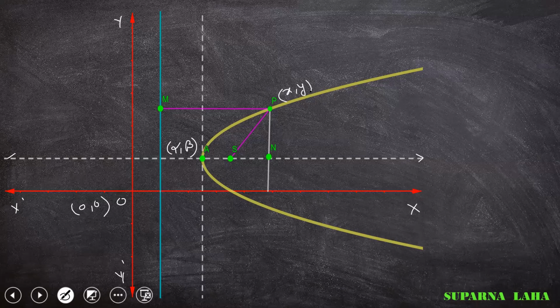Now, this distance is a, so this distance is also a. Okay, so the coordinate of S, that is the coordinate of the focus, is alpha plus a, beta.